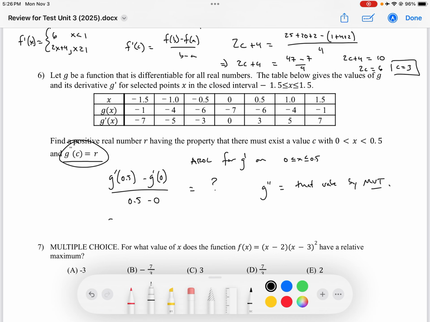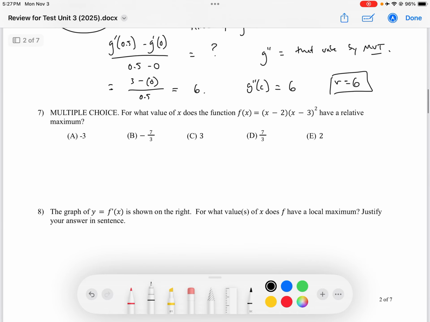So this value is equal to, let's see, g prime of 0.5 is 3, and g prime of 0 is 0, over 0.5. So 3 divided by 0.5 is 6. That means g double prime of c has to equal 6 at some point, and r then would equal 6. Okay?